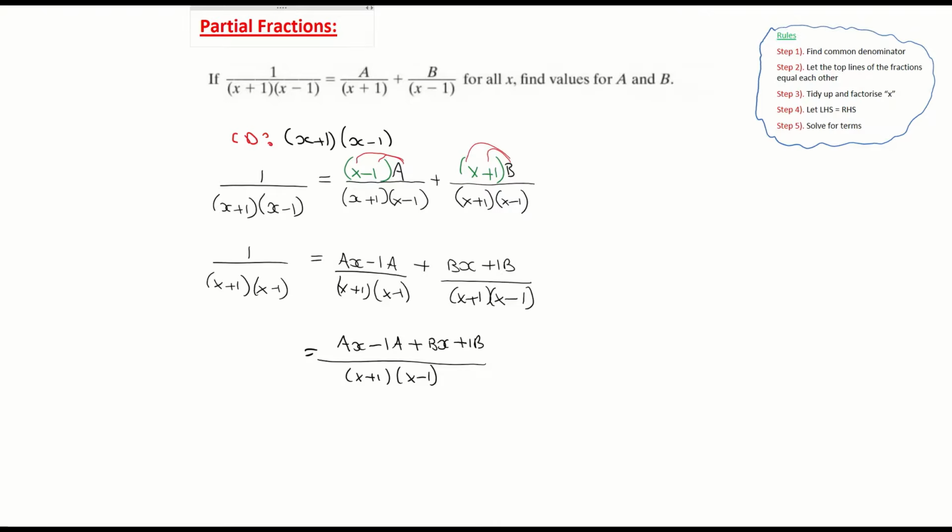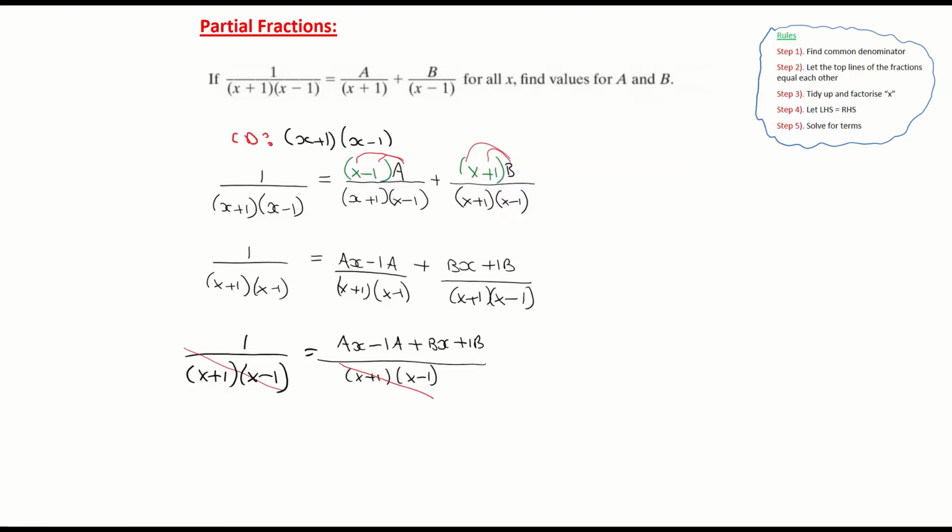And that is equal to my left hand side, which is 1 over x minus 1, x plus 1. If you look up at my steps here, I'm going to say step 2, let the top lines of the fraction equal to each other. In other words, I'm crossing a line through the denominators because they are now equal to each other.